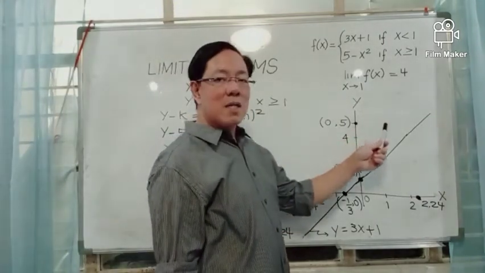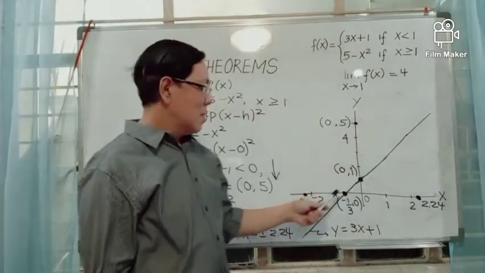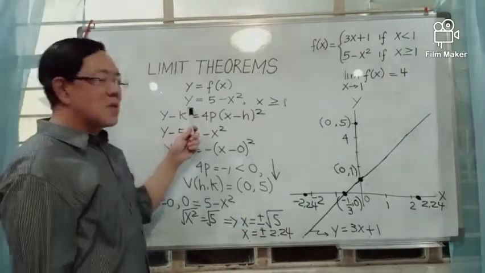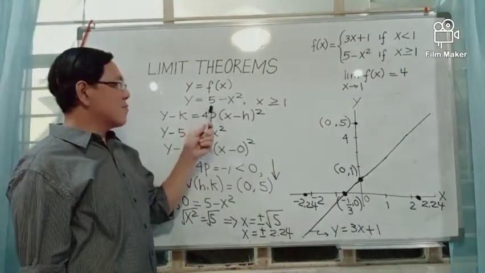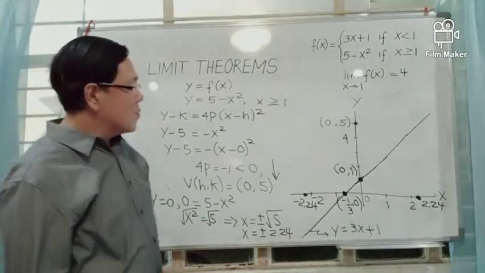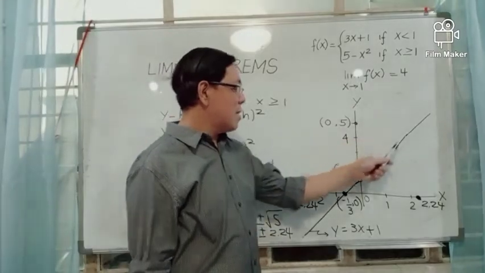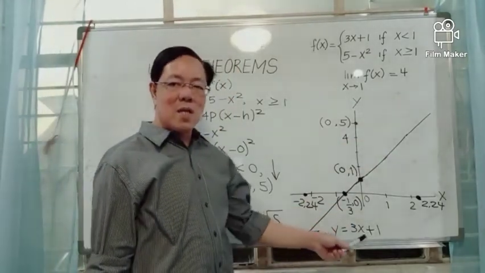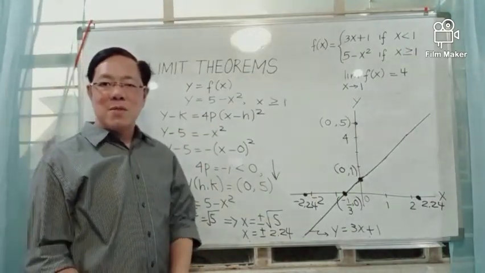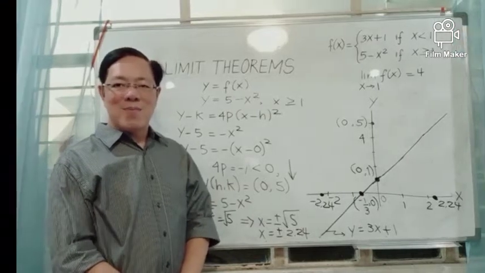We first find the point of intersection of the parabola and this line, whose equation is y equals 3x plus 1, and the equation of the parabola is y equals 5 minus x squared. To find the point of intersection, we solve the equation of the line and the equation of the parabola simultaneously by using a method which you have learned from your algebra.